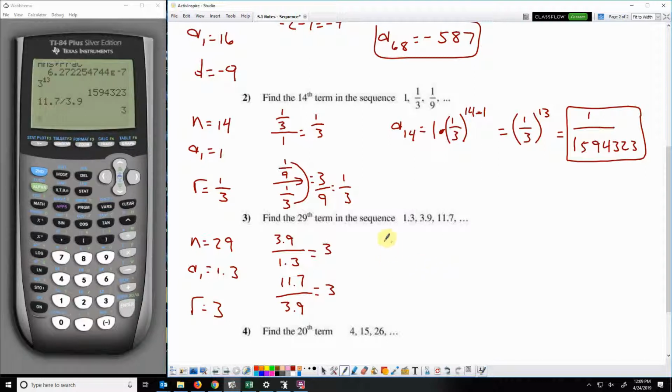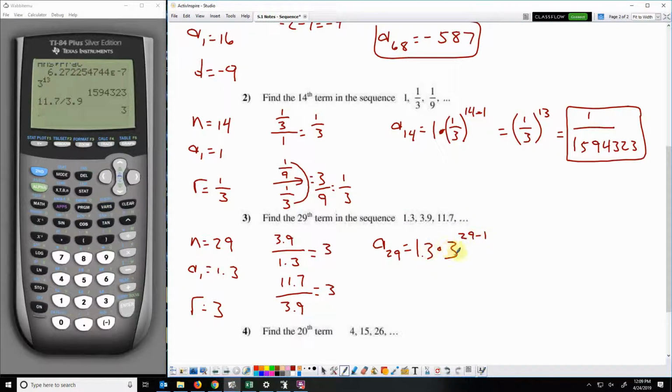Okay, so the 29th term would be a sub 1, so that's 1.3 times the common ratio, 3, to the n minus 1 power, 29 minus 1 power. The only simplifying I can do here is this subtraction is going to give me 28.